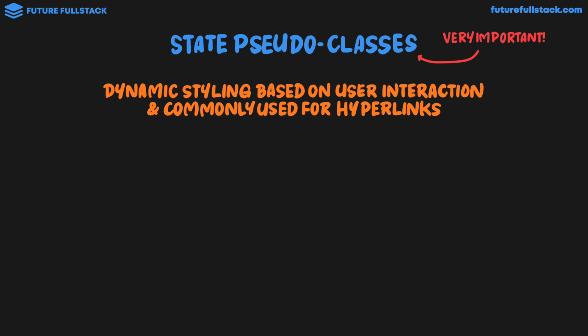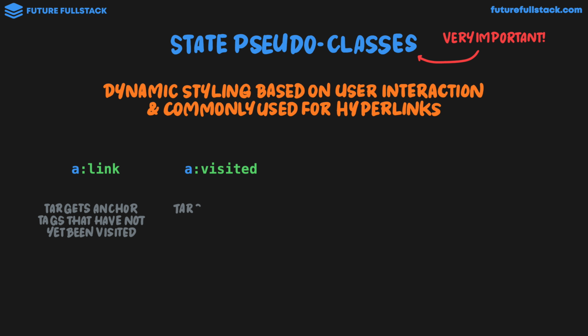There are 4 different pseudo-classes we can apply to our hyperlinks. The first is the link pseudo-class. This targets anchor tags that have not yet been visited. So in other words, it's simply an anchor tag you haven't clicked yet. The next pseudo-class is the visited pseudo-class. This targets anchor tags that have been visited.